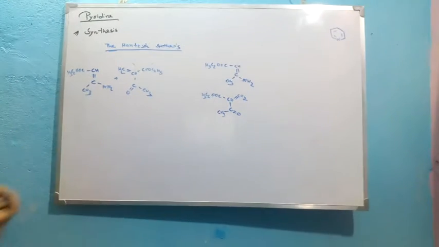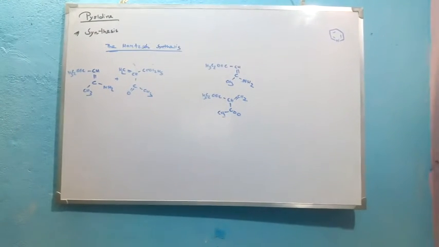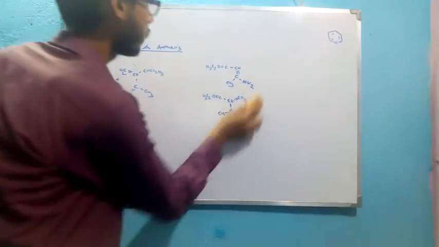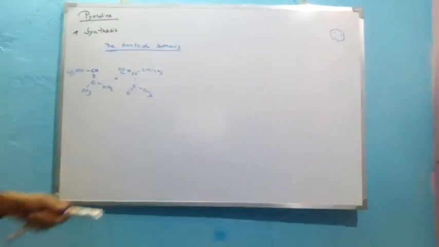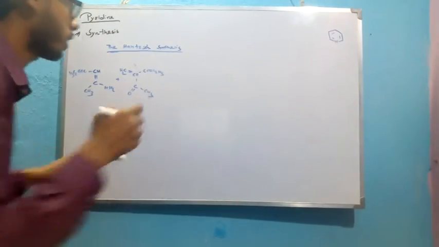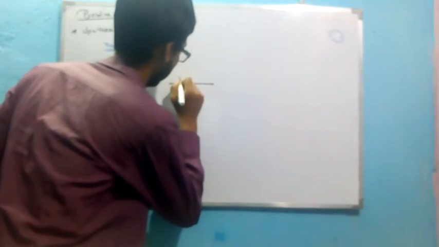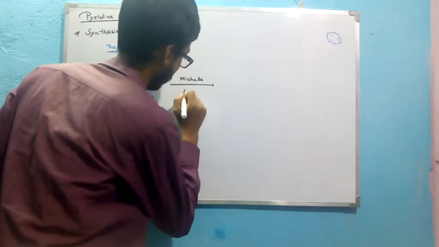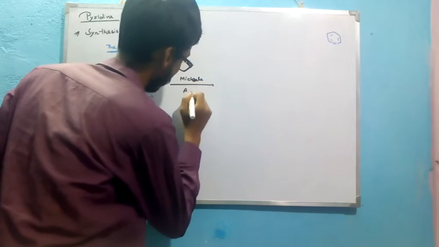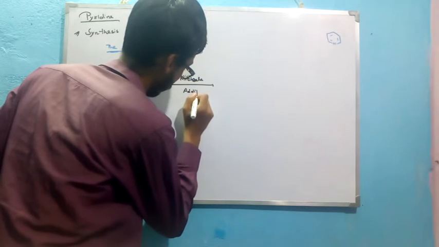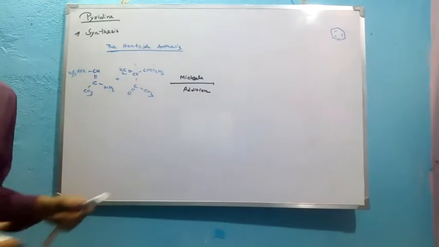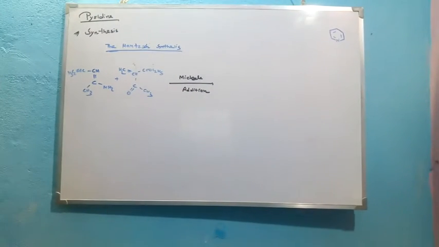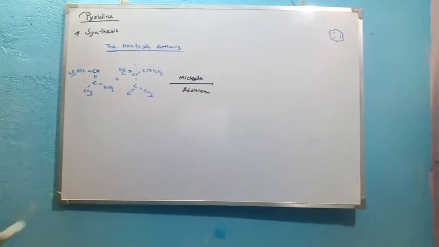So these are the two compounds, and the addition occurs here. This is known as the Michael type of addition.